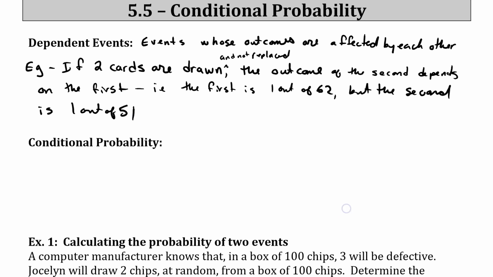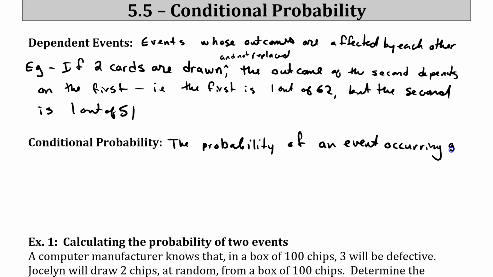Conditional probability is related to this. So conditional probability is the probability, I'm going to change here, of an event occurring, given that another event has occurred.